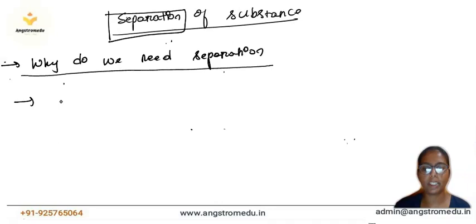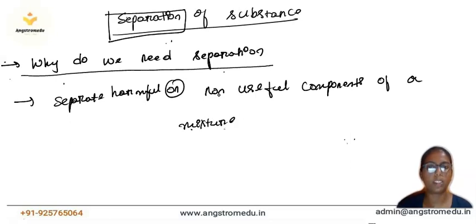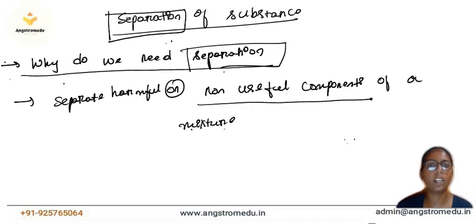The purpose of separation is to separate the harmful or the non-useful components of a mixture. So this is the basic principle of the separation. So in order to remove the non-useful or harmful substance from the mixture, the separation process is needed.